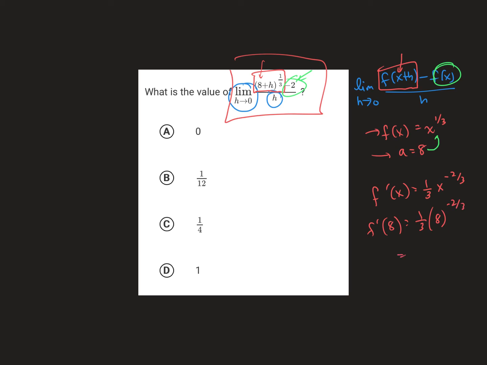Now, a negative 2/3 power means on the bottom, it's going to be a cube root of 8 squared. Cube root of 8 is 2, so this is going to be 1/3 times 2 squared, which is 1/12.